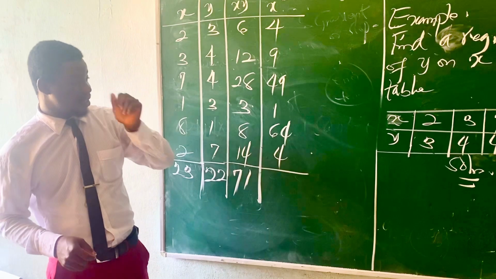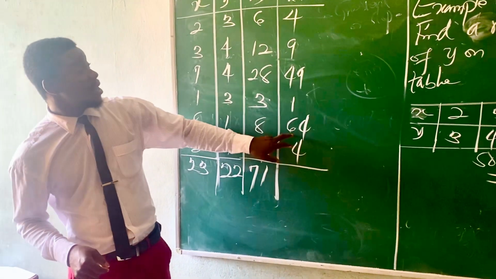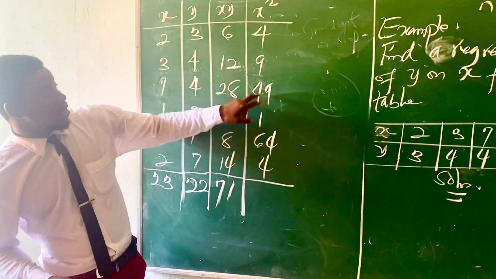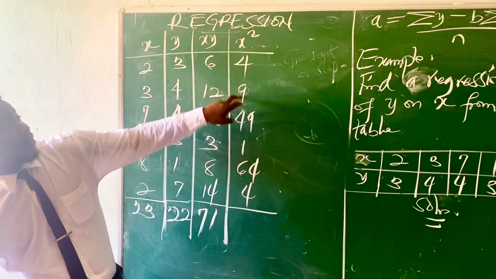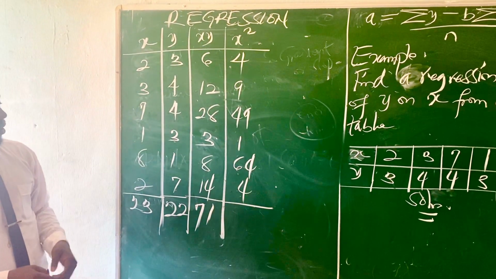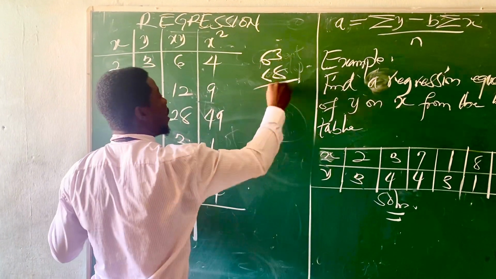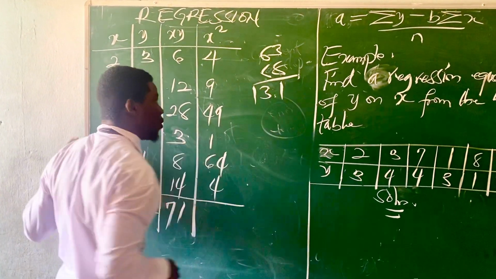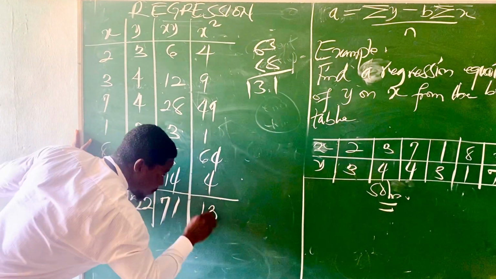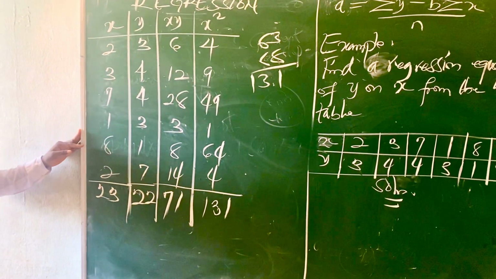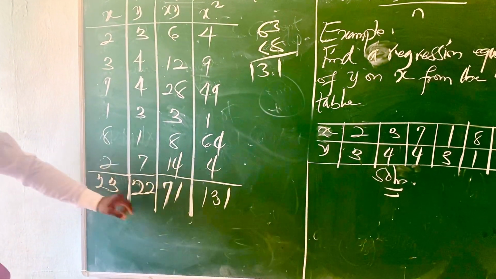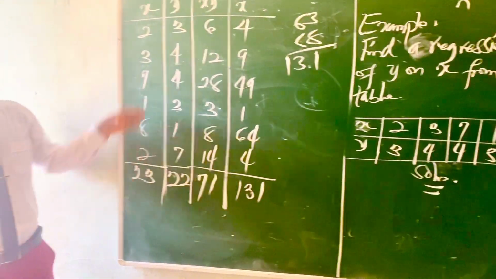And this is 68. When you do this together, and of course, 68 plus, let's say, 59, and then 59 plus 4, that's about 63. So 63 plus 68, you have 131 here. So we have been able to get the solution of all these columns.